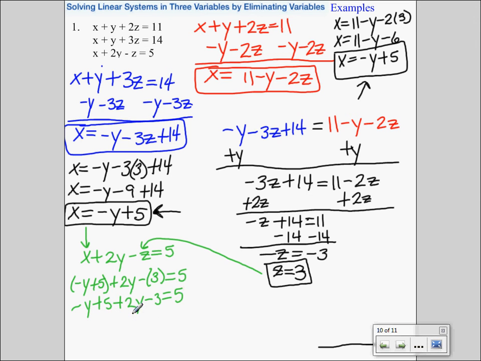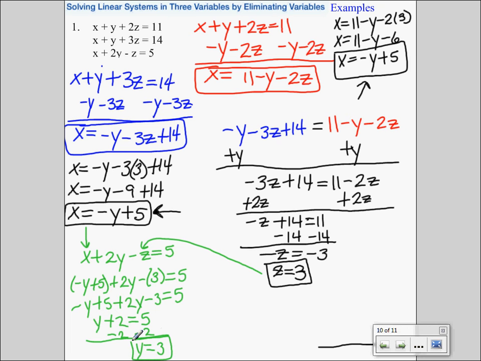So, simplifying the left side of the equation, we're going to be left with y plus 2 equals 5. Solving for y, we need to subtract 2 on both sides. So that leaves us with y equals 3.